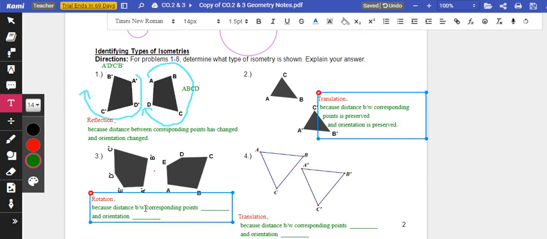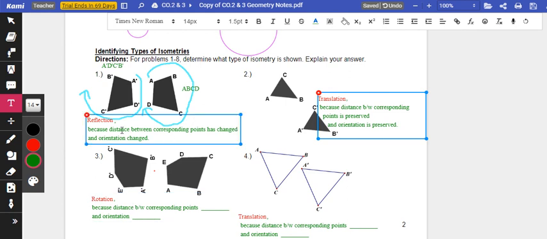Rotation is going to look a little bit different. That's why we can use these, because no one is going to be the same. This one had both of them changing, this one had both of them preserved. So let's look at a rotation.